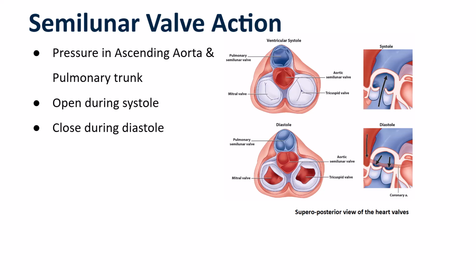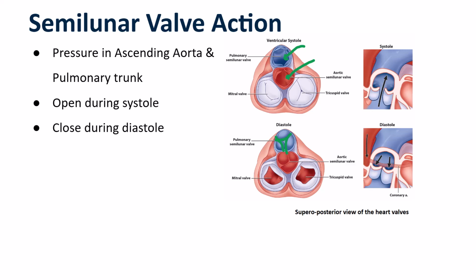Now what that's going to do is favor the movement of blood back towards those ventricles. But because of how these cusps are structured, each is like a little scoop, and as blood begins to come back, it catches on these valves and it reapproximates them. It pulls them together. So higher pressure in the ascending aorta and pulmonary trunk close the semilunar valves.